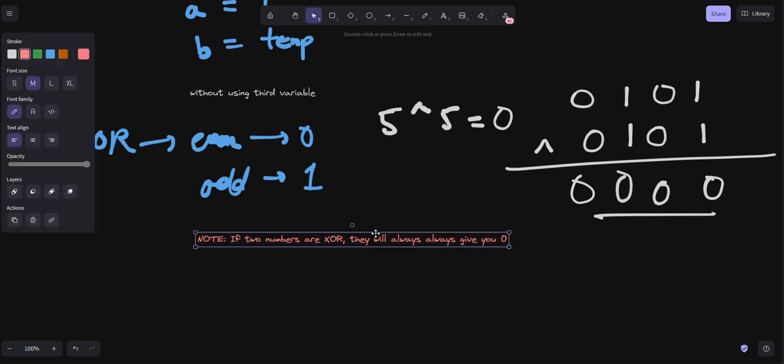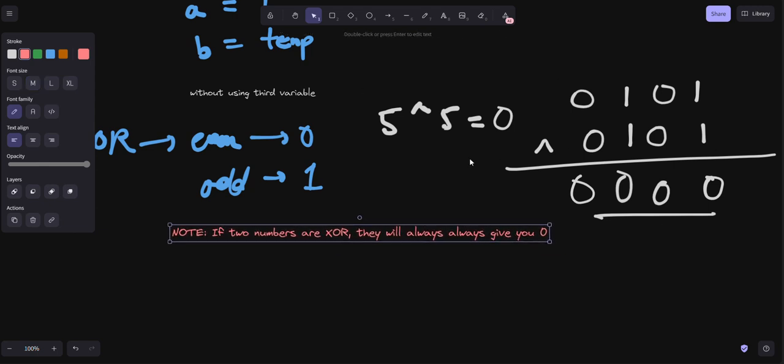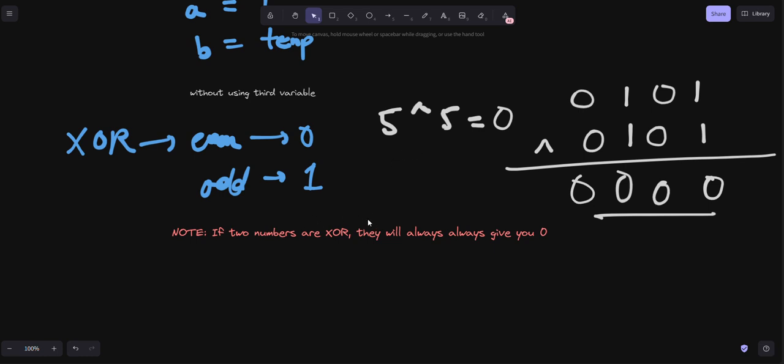This is the thumb rule, this you need to remember. You have seen how it is 0. So from now onwards, just remember that if you XOR two equal numbers, they will always give you 0, right? That you know now.